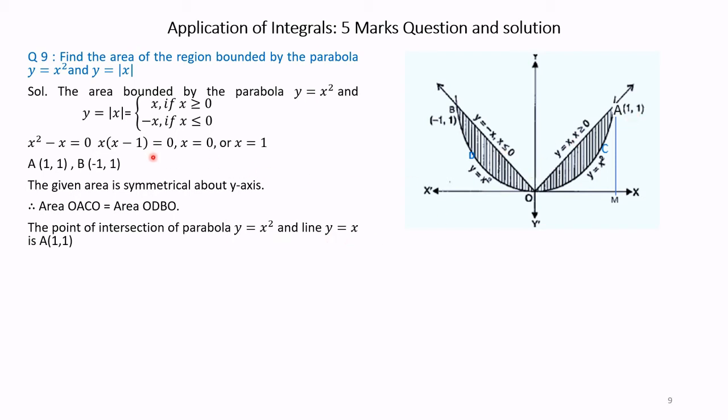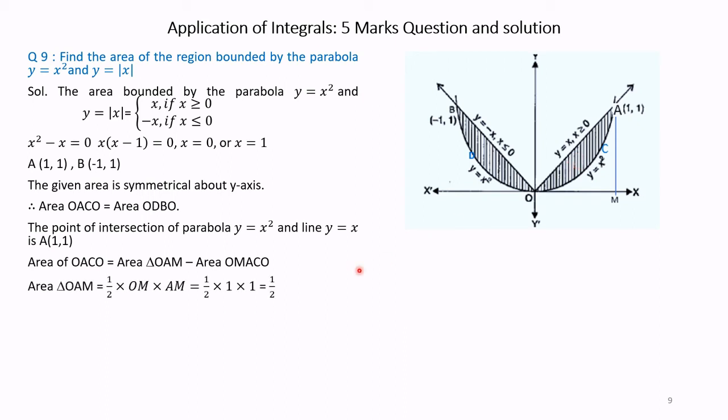We have found here x is equal to 1, y is equal to 1. Therefore, area of OACO: now we will calculate only the area in the right hand quadrant and multiply it by 2. So draw AM perpendicular. Now we have to find the area of this triangle OAM and subtract the area OCAM.